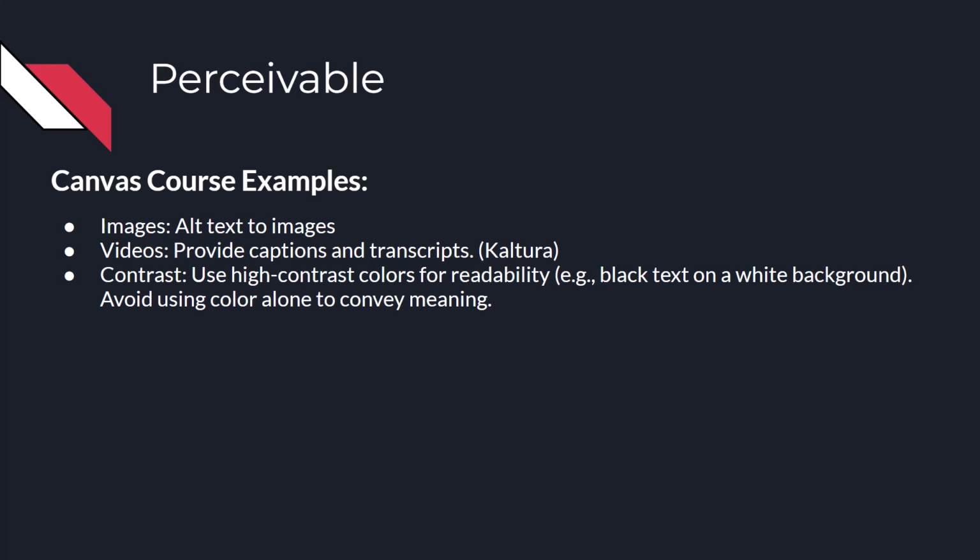And then things like contrast and color, making sure that things are high contrast and following all those rules. And that we're not using just color to convey meaning, that we don't just bold headings, that we actually use the heading classifications so that, again, screen readers can distinguish better when they're reading the content to the user.